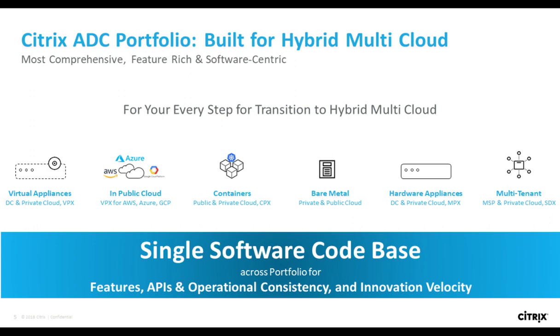You can manage them through a single pane of glass, which other competing or parallel solutions do not offer. And using Citrix hybrid multi-cloud solution, you can deploy and manage not just the cloud native applications, but also your existing 3-tier web application through a single pane of glass with the feature consistency.